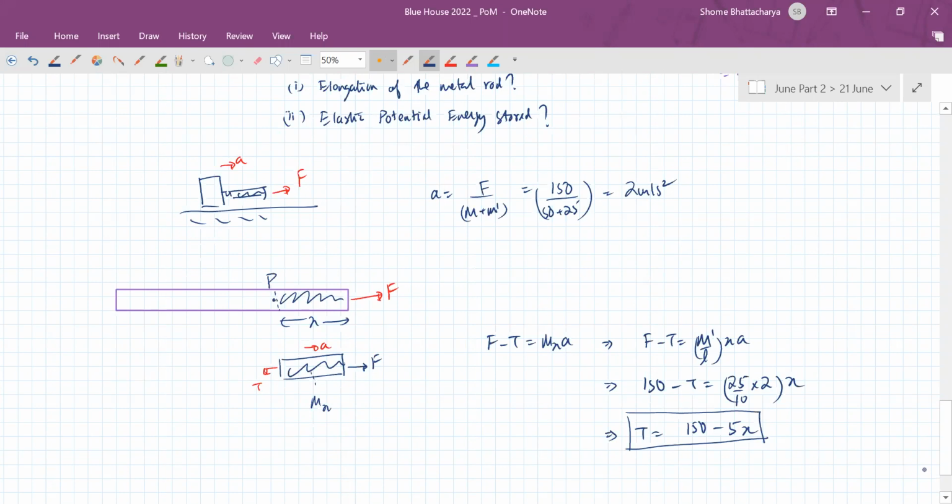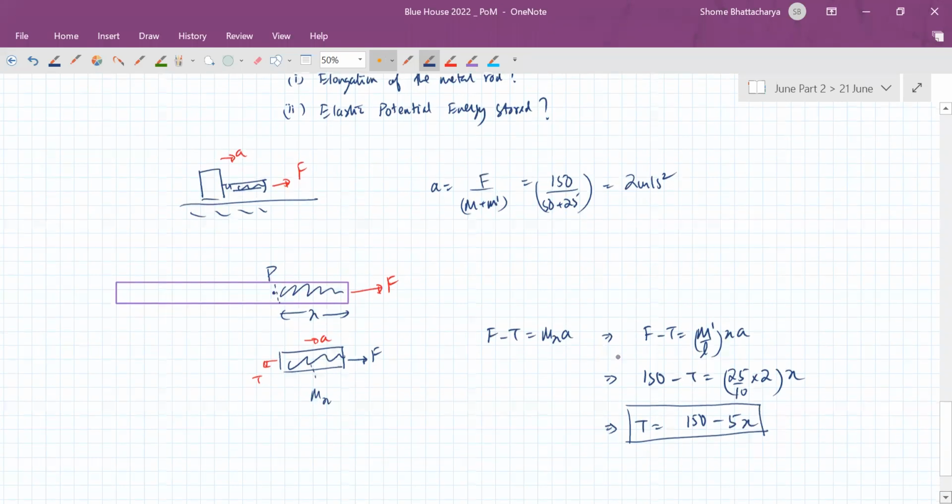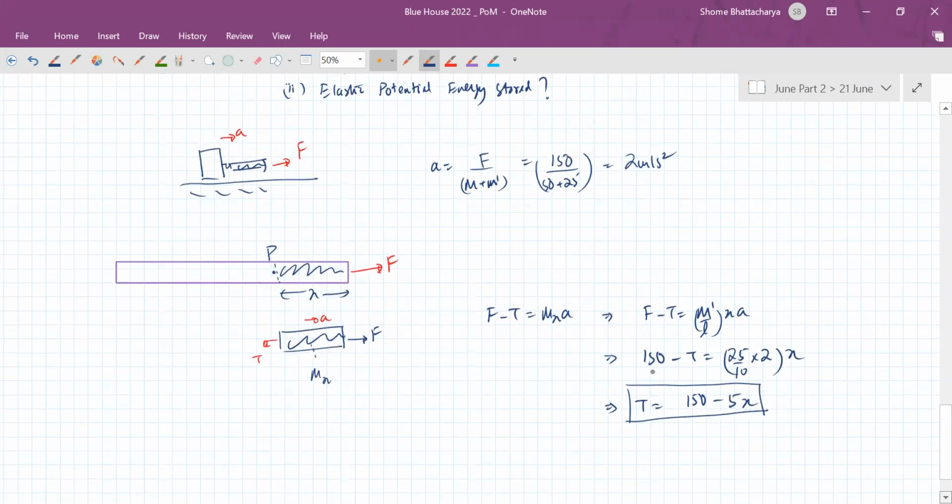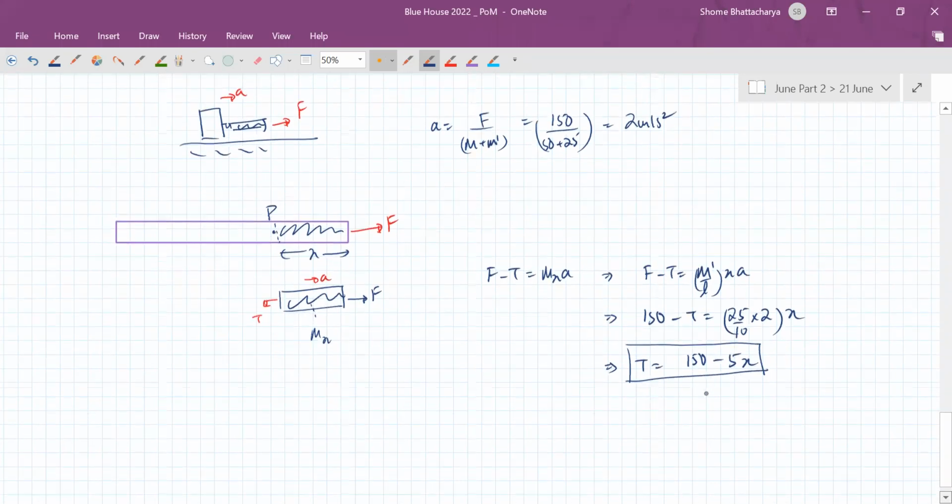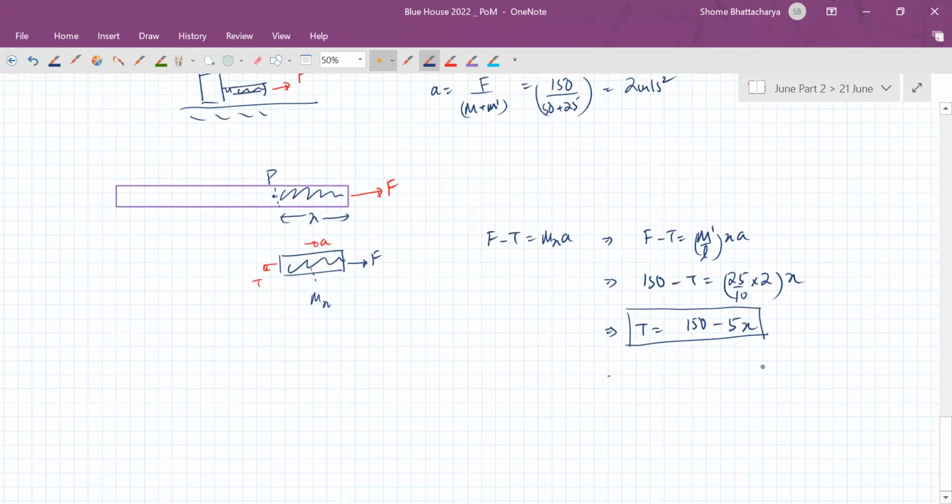We'll also understand that the tension or the stress varies non-linearly like this.